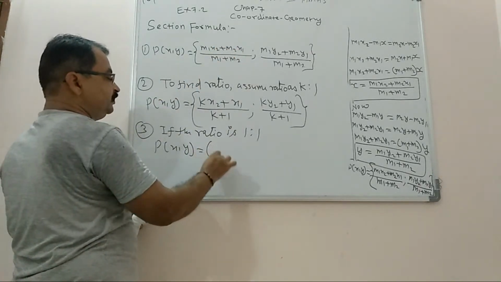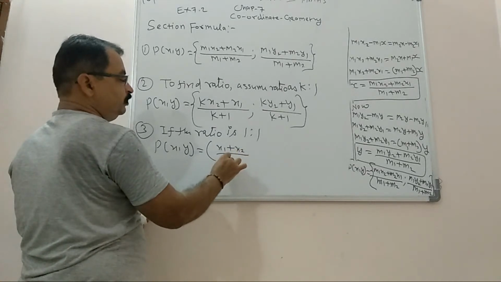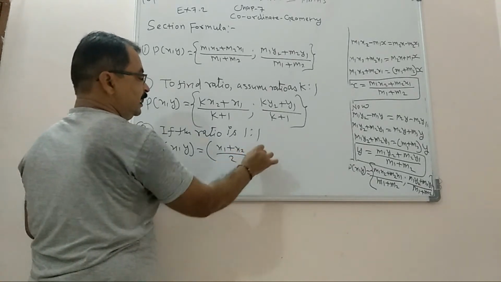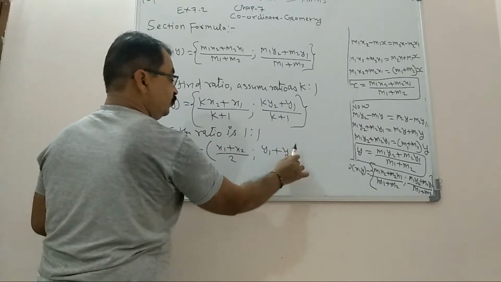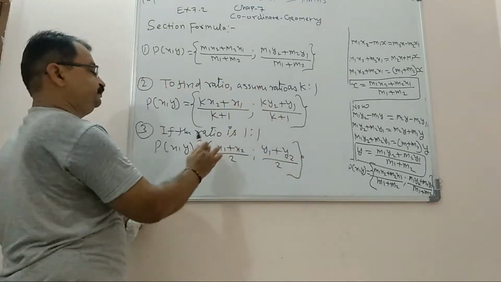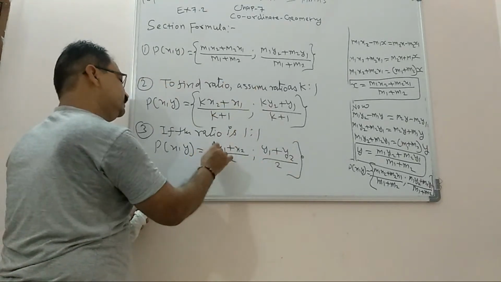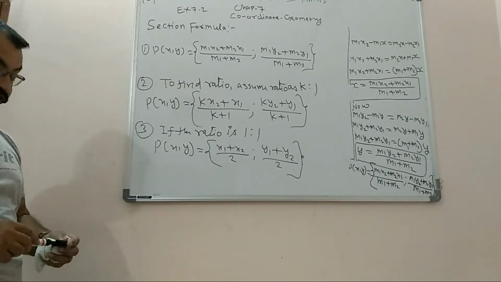So simply it becomes what? (x1 plus x2) upon (1 plus 1) which is 2, and (y1 plus y2) upon (1 plus 1) which is 2. Right?